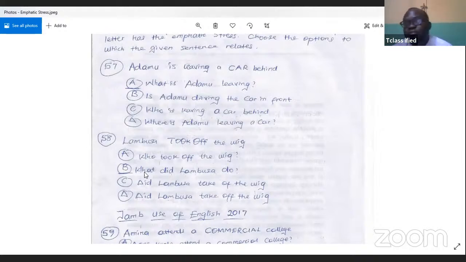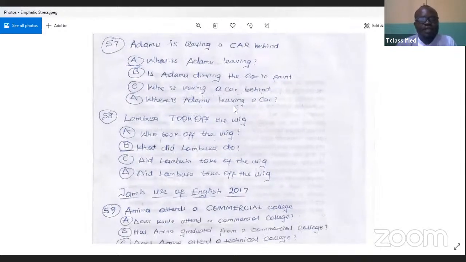So option B is the right answer because the stress word is not here. It's totally missing. And you determine it by checking through the options where the stress word is either missing or changed. That becomes the answer. So that makes B the answer to that.